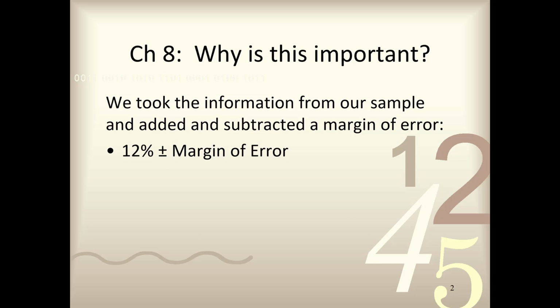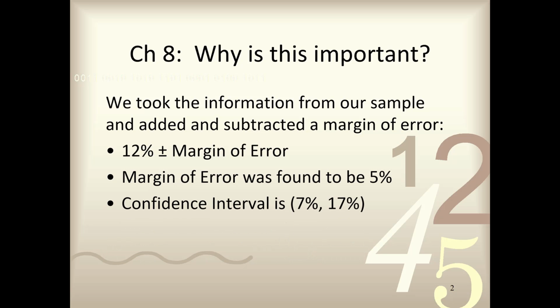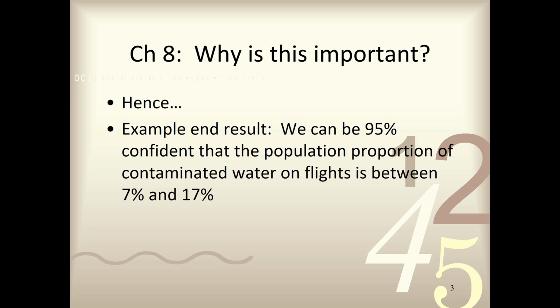The sample proportion was 12%, the margin of error was found to be 5%, and we'll talk about how you find the margin of error later. So the confidence interval is between 7% and 17%. The way I would word that: we can be 95% confident that the population proportion of contaminated water on flights is between 7% and 17%. Whenever I'm doing confidence intervals, I'm making inferences about the population.